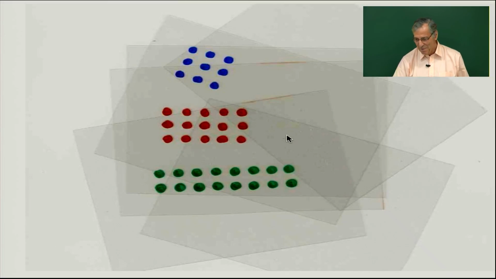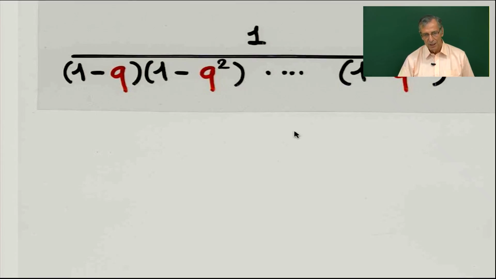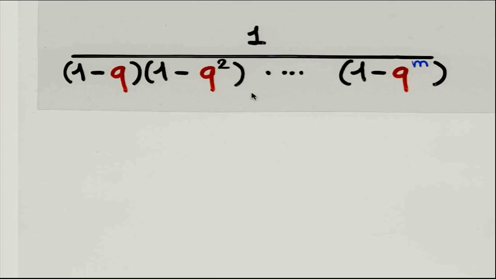And so, applying now the second rule of symbolic calculus, a product of rectangles means a product of generating functions. So this is the generating function for Ferrers diagrams having at most m columns, so the parts are bounded by m.